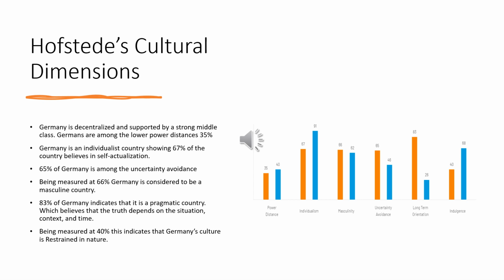The next dimension is long-term orientation. This means that every society has to maintain some link with its own past while dealing with the challenges of the present and future, and societies prioritize these two essential goals differently. Number one, you have the normative societies, which score low on this dimension.